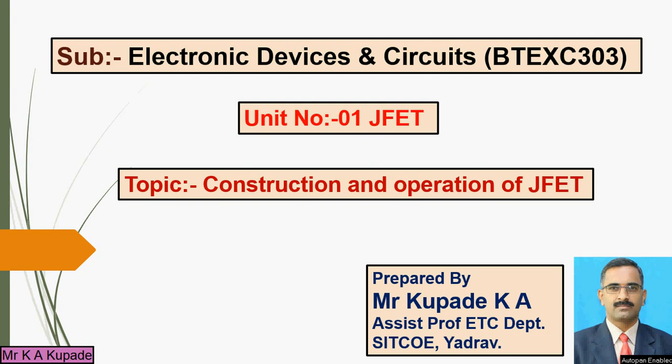Then in the previous lecture, we discussed the types of JFET: P channel and N channel. These are the two main types. We briefed that, and we are going to discuss it in this video also, because after the construction the types should be covered. That's why I am repeating it once again in this video lecture.